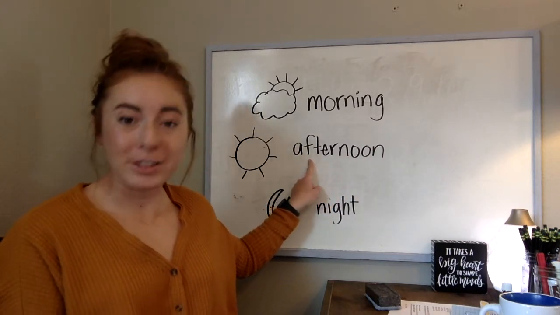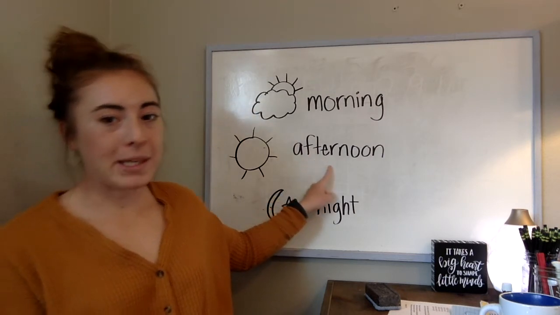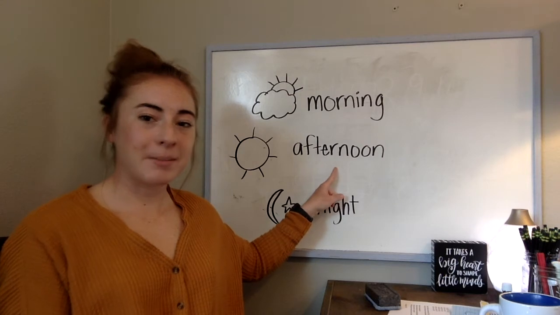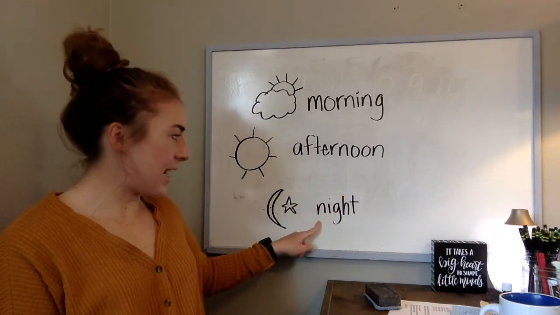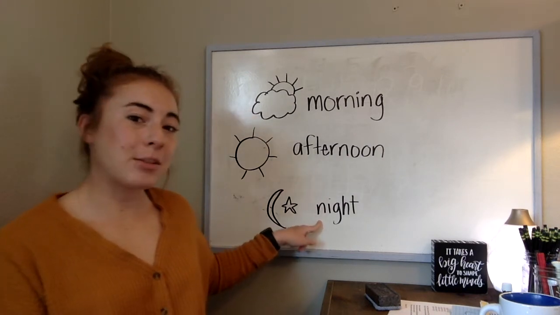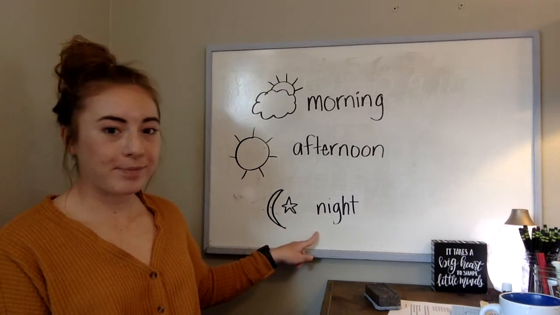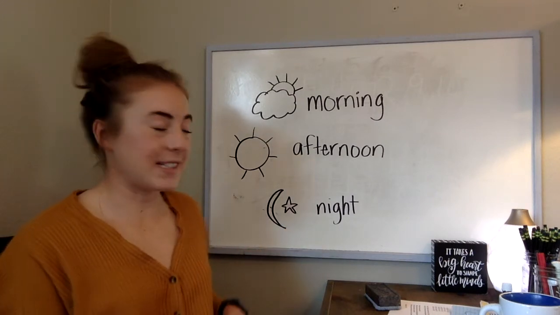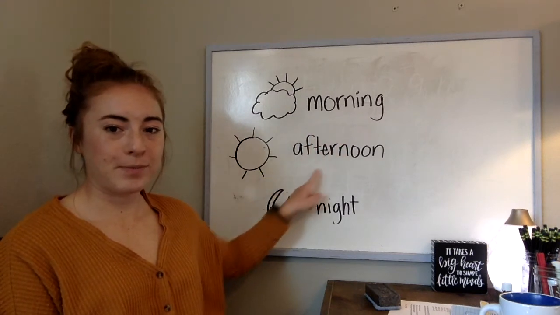Maybe you eat lunch, maybe you come home from school, maybe you play outside, maybe you talk with your friends. And then at nighttime, we go to bed. We sleep. Maybe we eat dinner before nighttime. The moon and the stars come out. It's dark. So there's different activities that you do in the morning, in the afternoon, and the night.